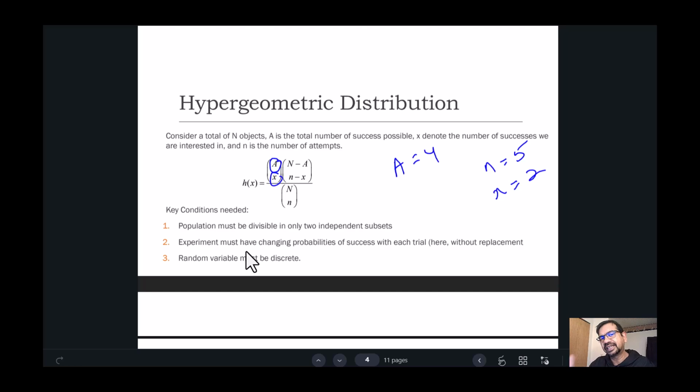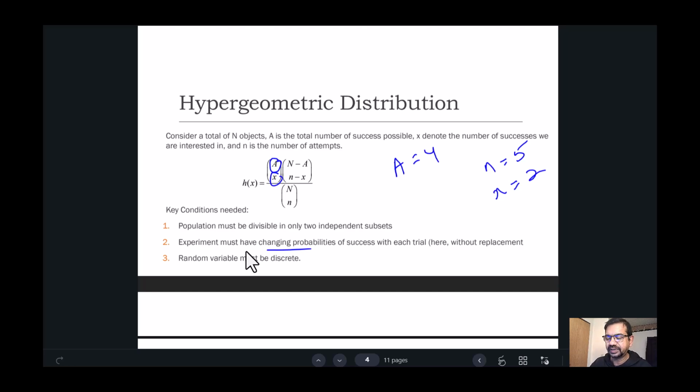The second important thing is that the experiment must have changing probabilities of success with each trial. Here, when we were drawing cards, we were doing it without replacement. The moment we draw a card and set it aside, it alters the probability of the next draw, so it was a successively changing probability. And the outcomes must be discrete, so we cannot work on this with the continuous case.